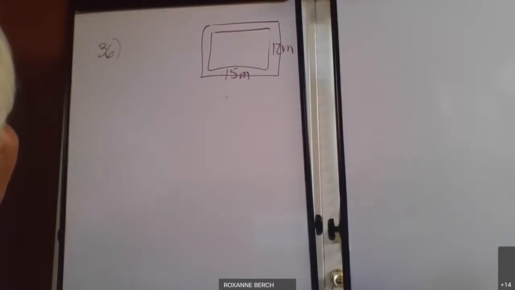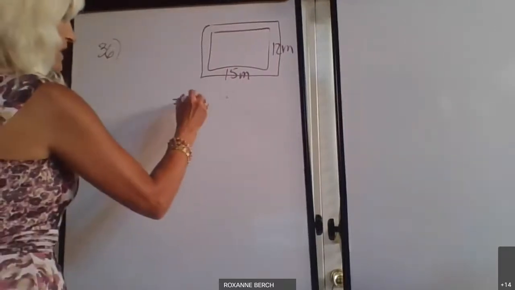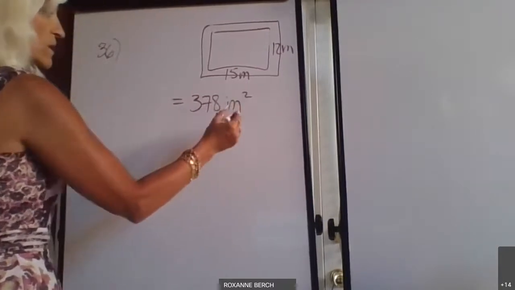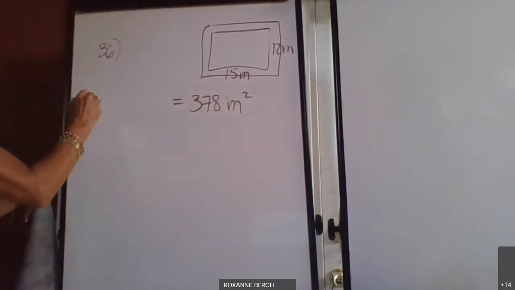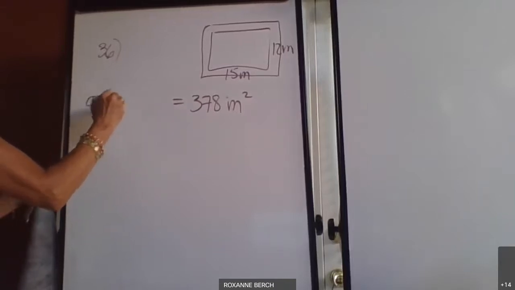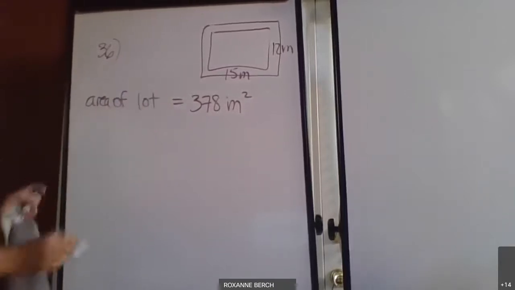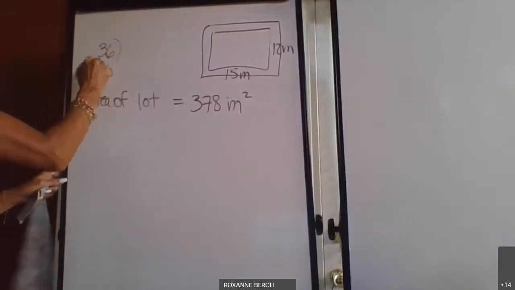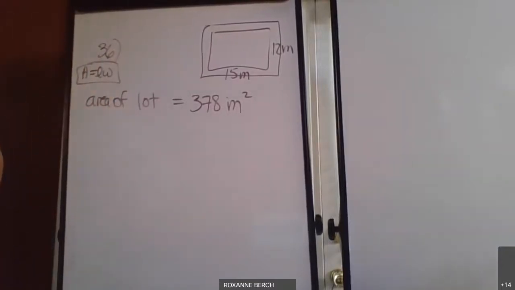If the area of the lot is 378 square meters, so that's the area of the lot. And remember, area is length times width with the rectangle. So the area of the lot is 378 square meters. Find the width of the path.